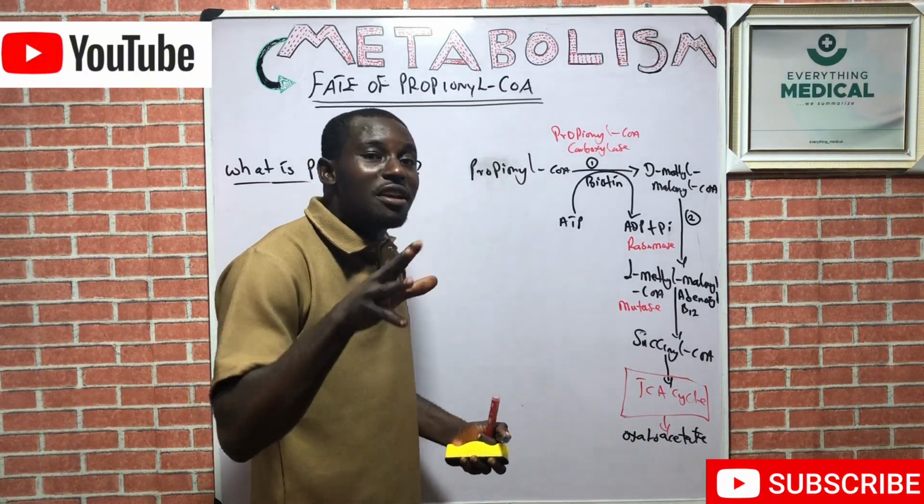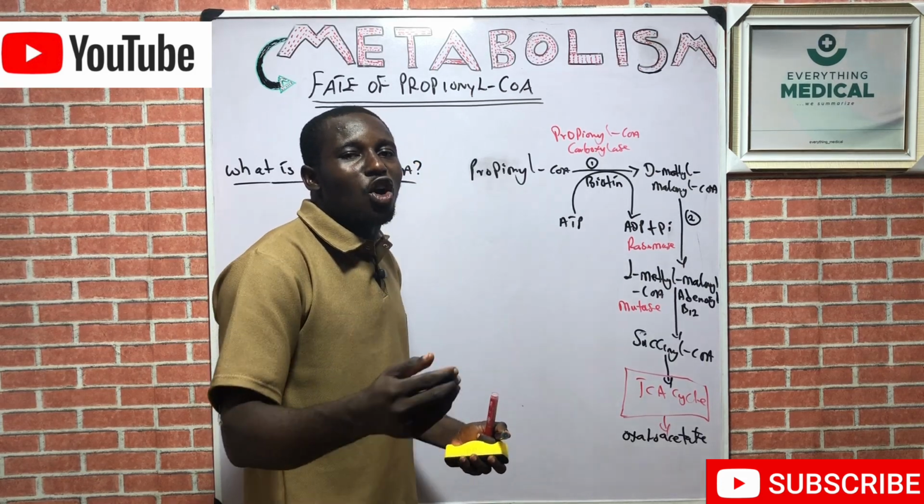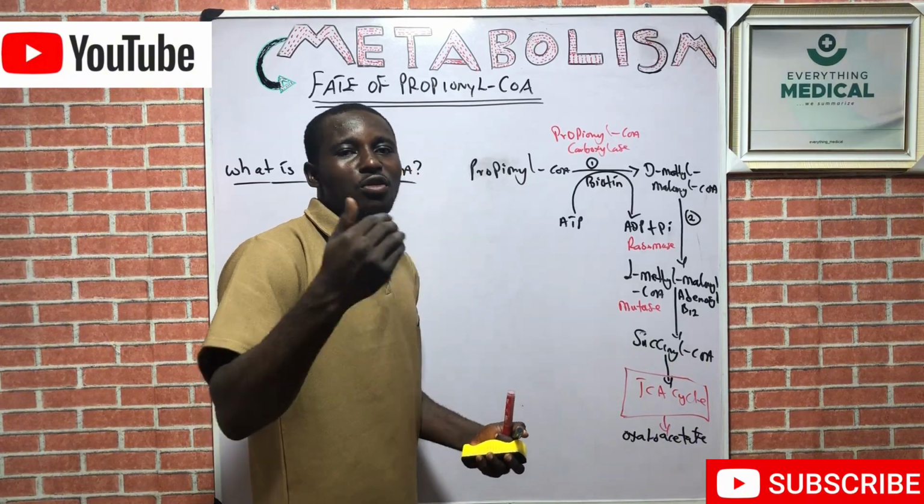And that is the main reason why propionyl-CoA is a precursor of gluconeogenesis, while acetyl-CoA is not.